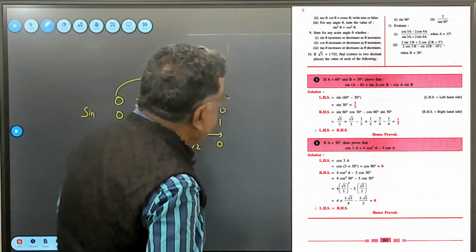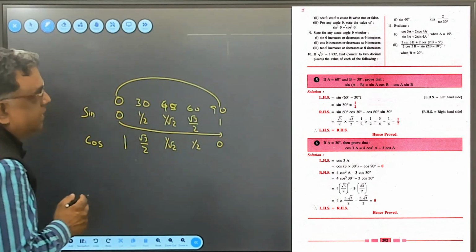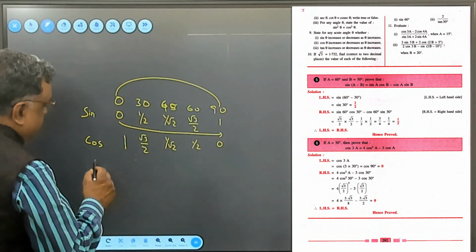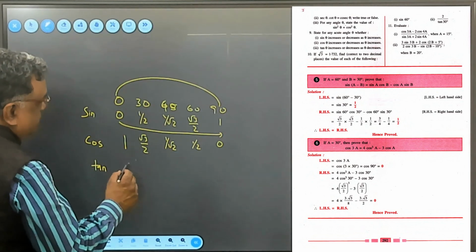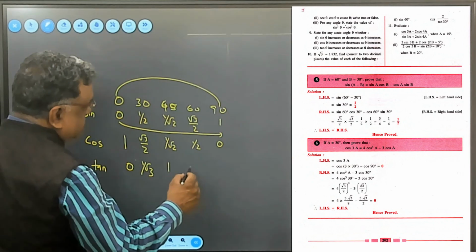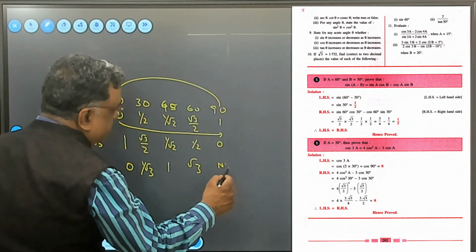Tan theta increases or decreases as theta decreases? So let us say tan 0 is 0, tan 30 is 1 by root 3, 45 is 1, 60 is root 3, 90 is not defined.